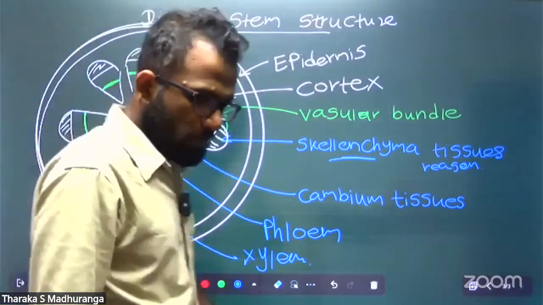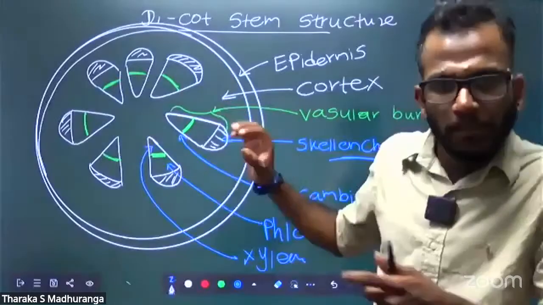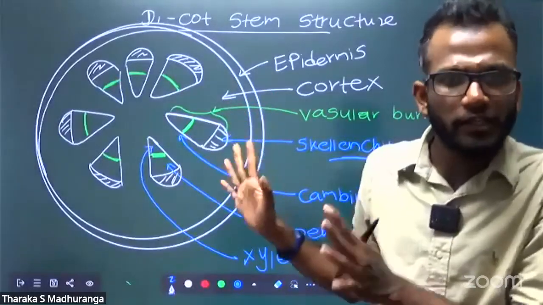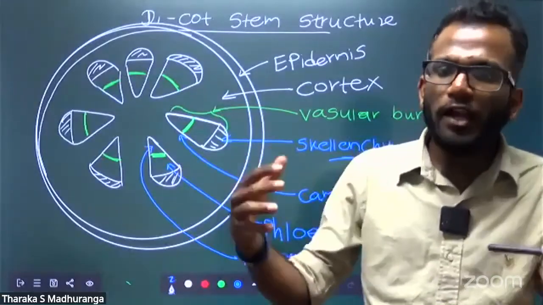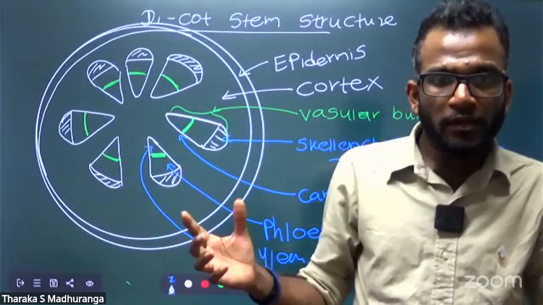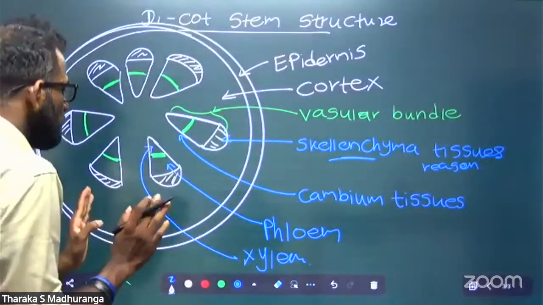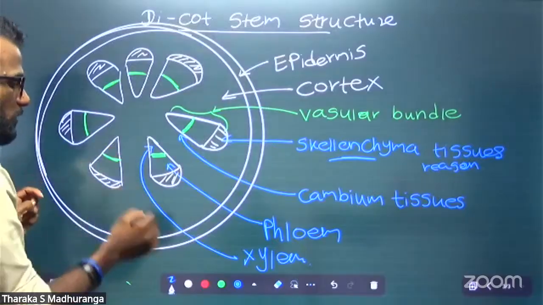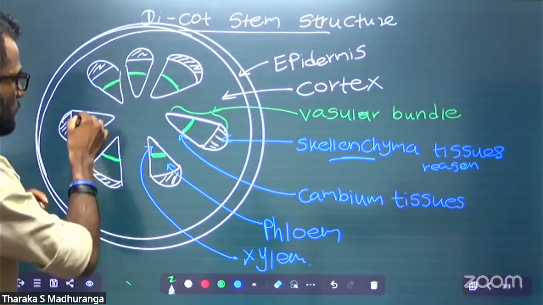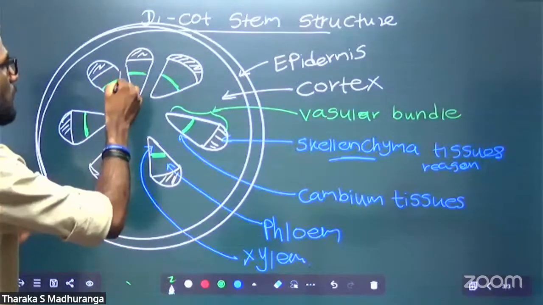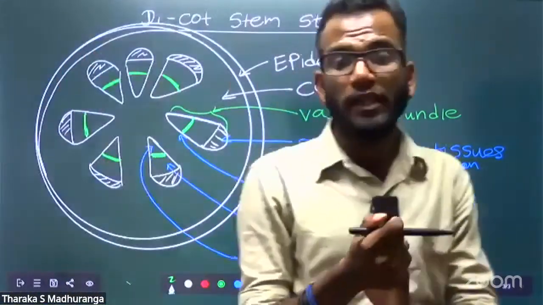Okay. Now, this is the initial primary structure of the plant, the plant state. When the plant matures, what happens? When the plant matures, these meristem tissues, the cambium tissues, start to produce new cells.